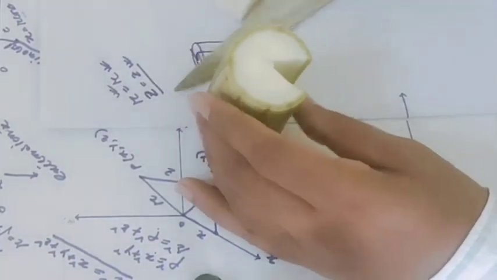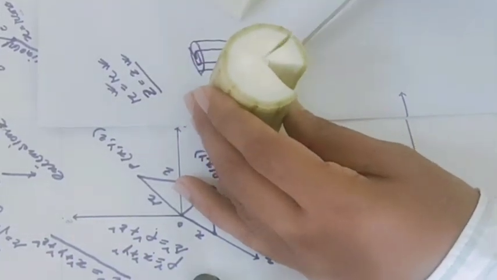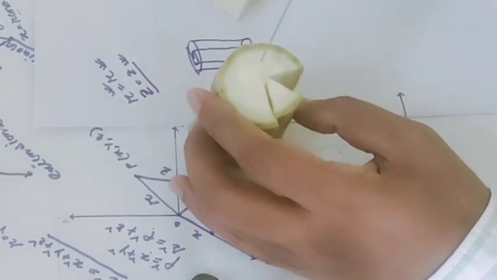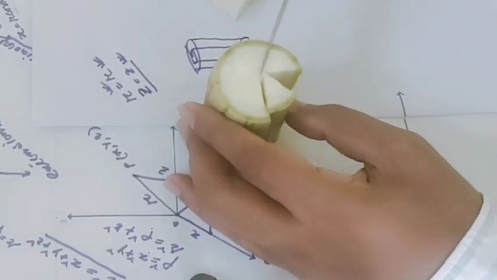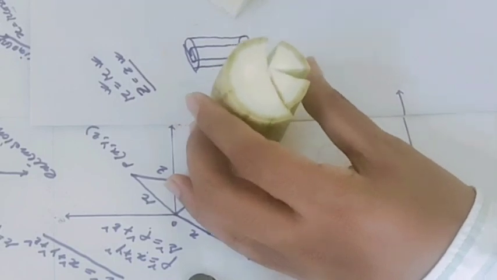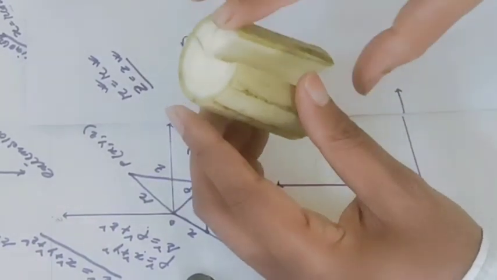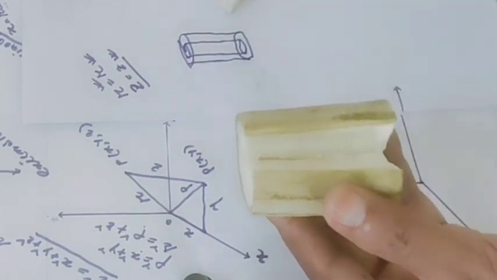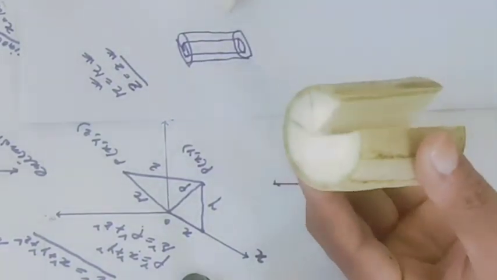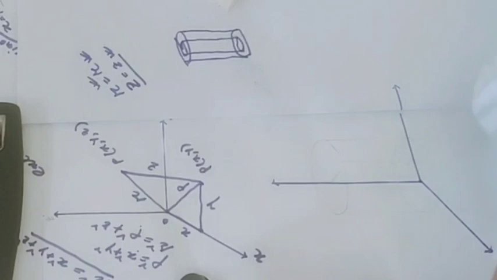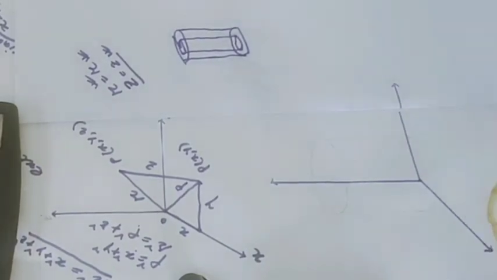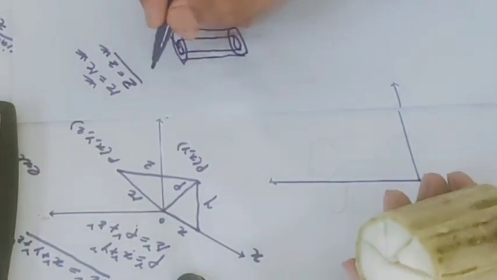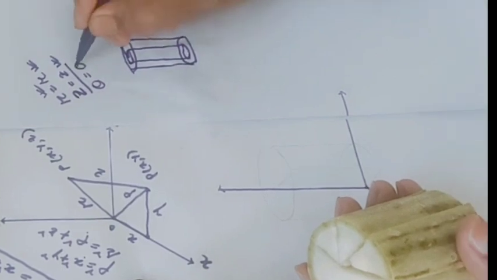By changing this theta, I can get the whole cylinder this way. So by changing this angle, I can get the whole cylinder also. Therefore here you will get another variable, theta.